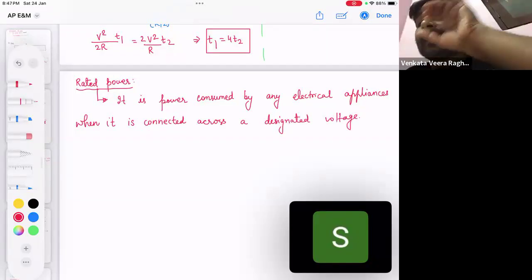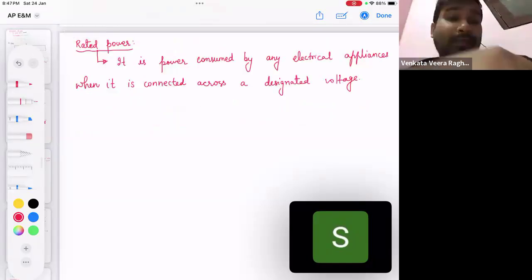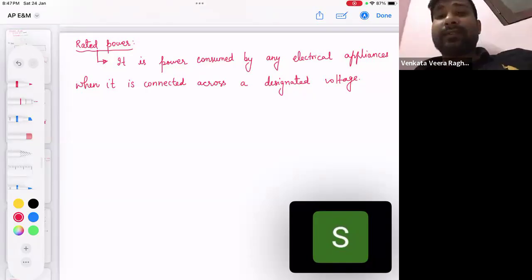But if you don't connect it across the designated voltage, then what will happen? The power consumption won't be the same. Depending on how you have connected it in the circuit, it may be more than the rated power or less. If it is less, no problem. It will glow, but not with that much brightness. If power consumption is less than the rated power, the glow of the bulb will be less than the given one. So now see what will happen.